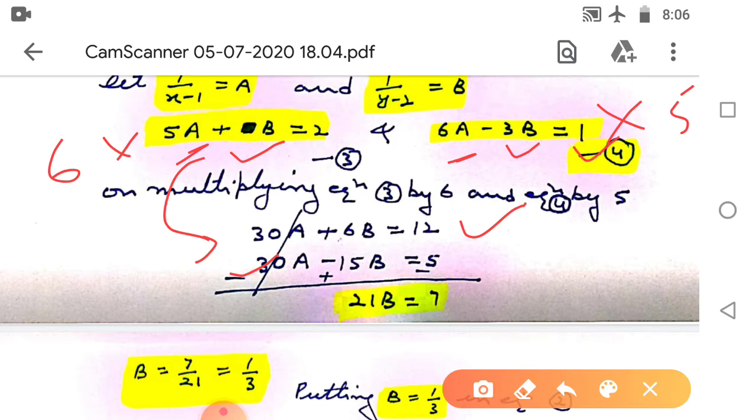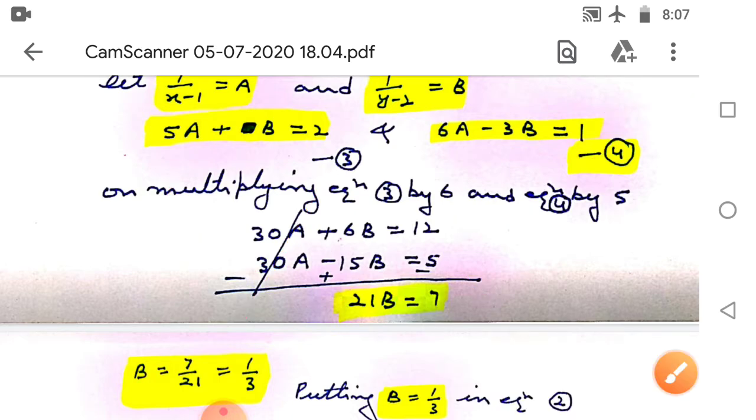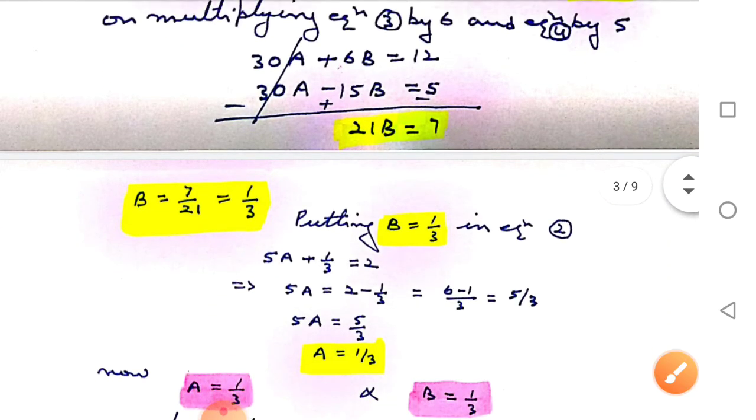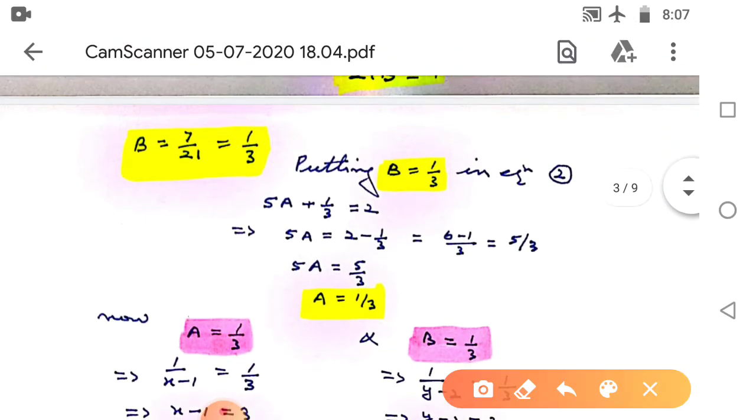So subtract. After subtraction, this is gone, and 6b plus 15b is 21b, and 12 minus 5 is equal to 7 here. Clear? So the value of b is 1 upon 3.